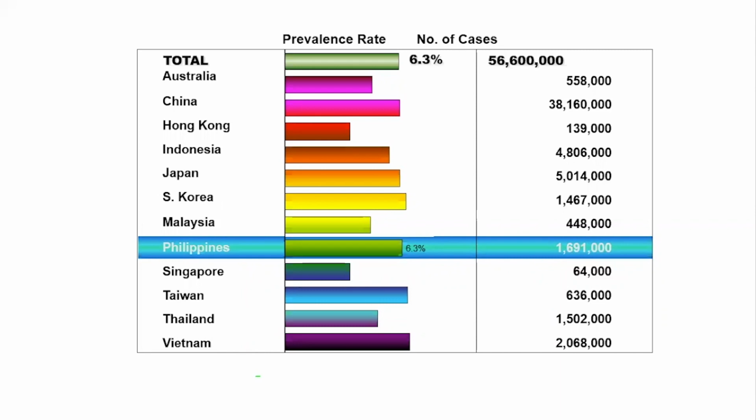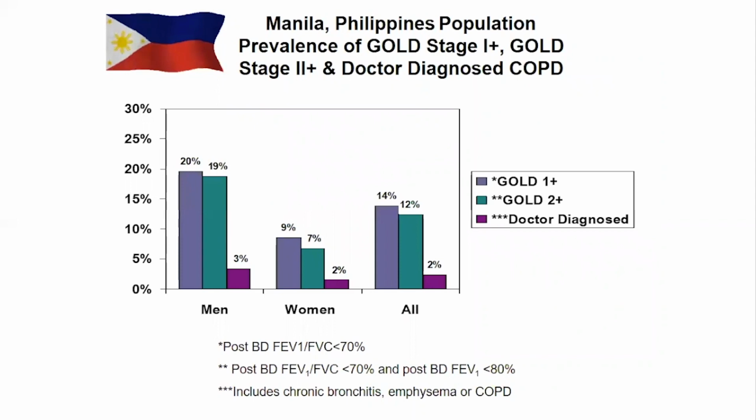So this is estimated to be more than 1.6 million cases. A more recent study showed that chronic obstructive lung disease is roughly around anywhere from 12 to 14%, and more men were affected than women. We will elaborate more on this later.